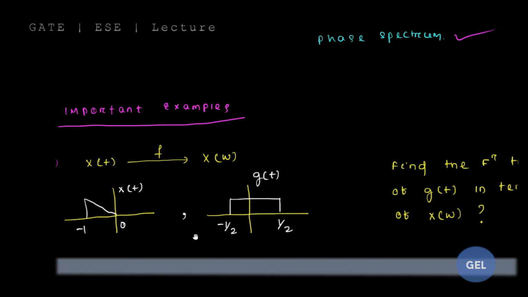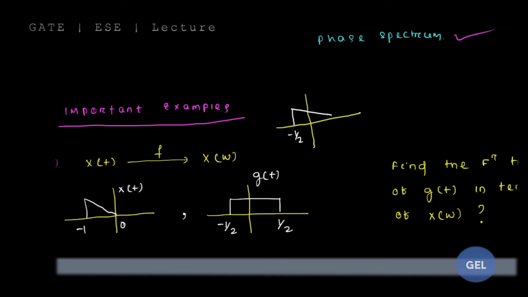You can quickly say, sir, what I can do is convert this x of t into the form of g of t, which is how this g of t looks. I can convert this x of t into a g of t format. I can draw it like this. I can make it in this way. X of t can be shifted to -1/2.